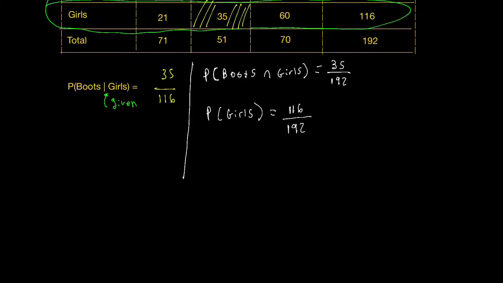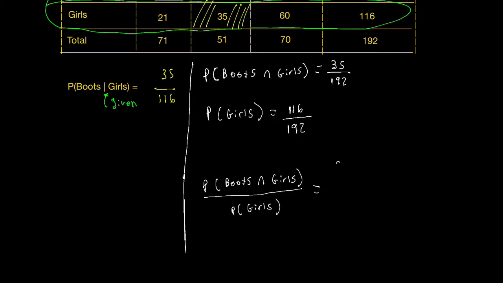So now comes the punchline. Let's consider this calculation: the probability of boots and girls, and let's divide that by the probability of girls. So here we get 35 over 192, and we're going to divide that by 116 over 192.